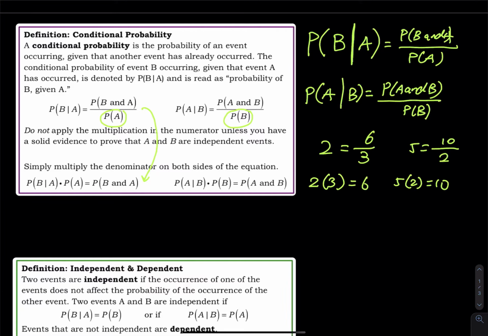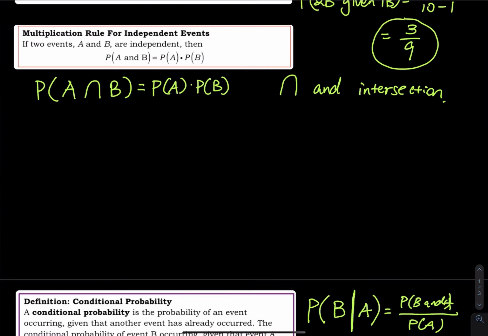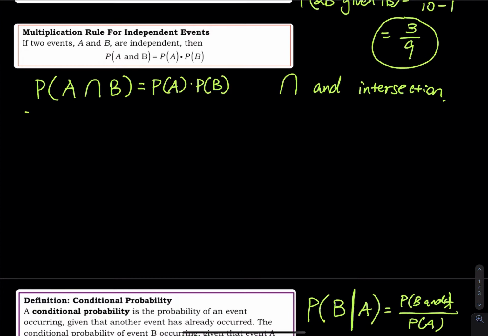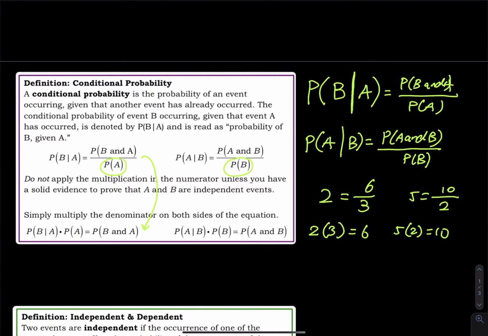Now, I know what you are thinking. Hold on. I just saw something on the previous page. You have P(A and B) equals P(A) times P(B), right? I have this multiplication right here. Then the question you are thinking right now is, look at this conditional probability formula.